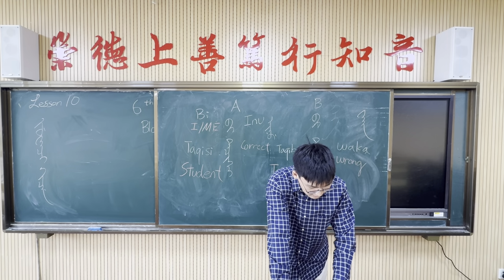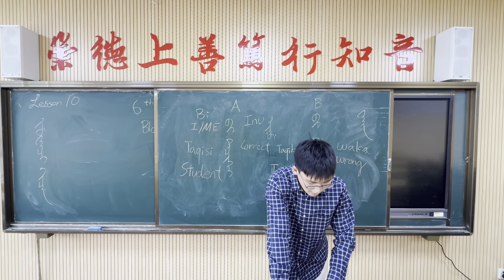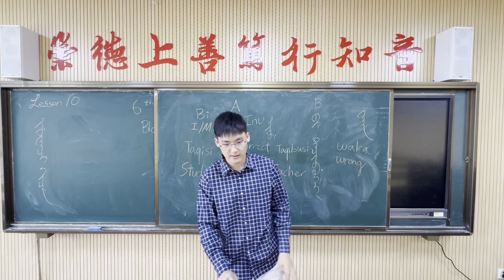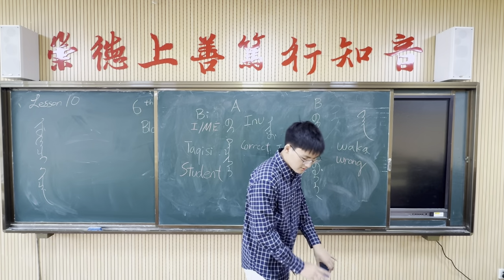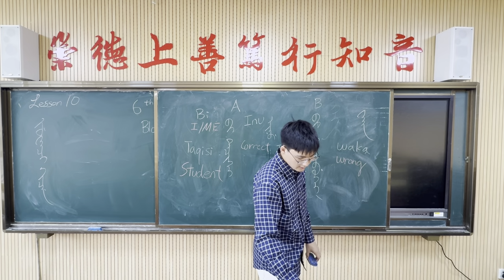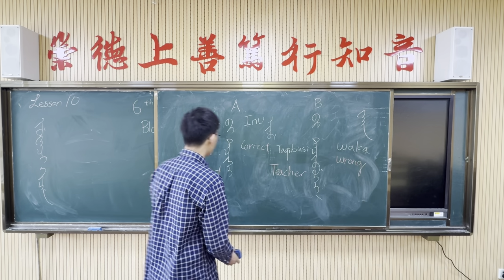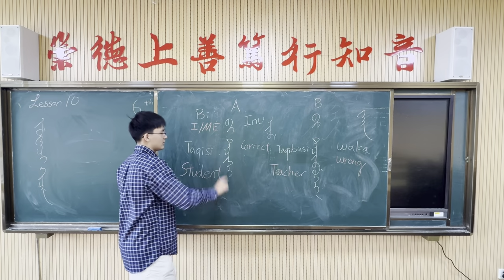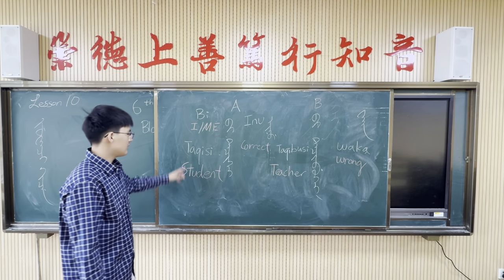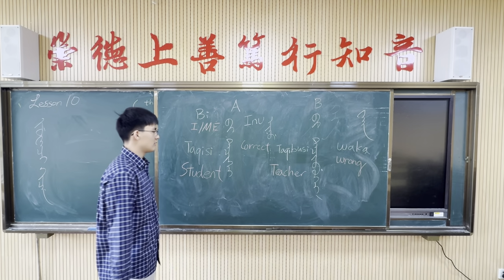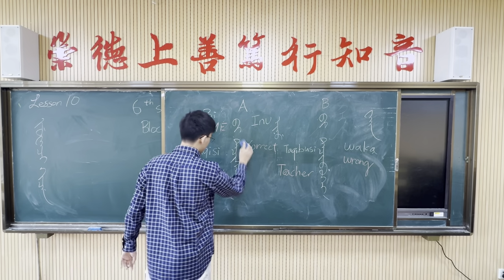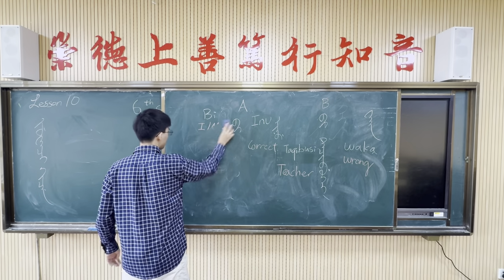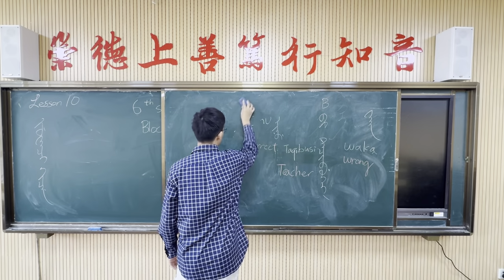Okay, now let's move on to the third part of our lesson, which will involve connecting some words. I will be writing this now. And by the way, these are also in the textbook, so don't worry too much about copying it down.